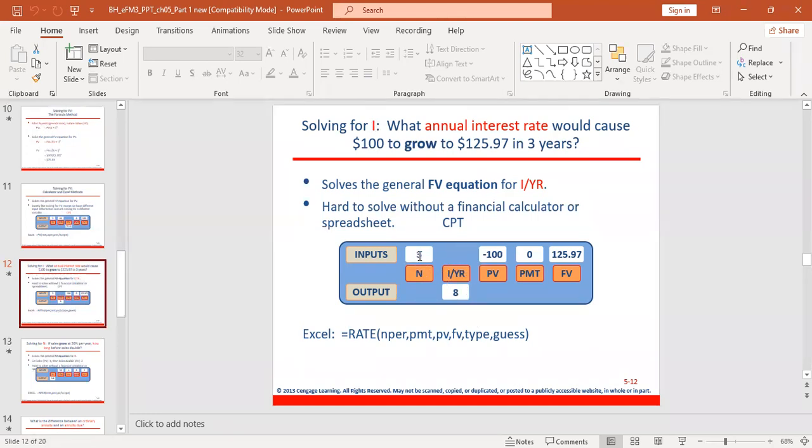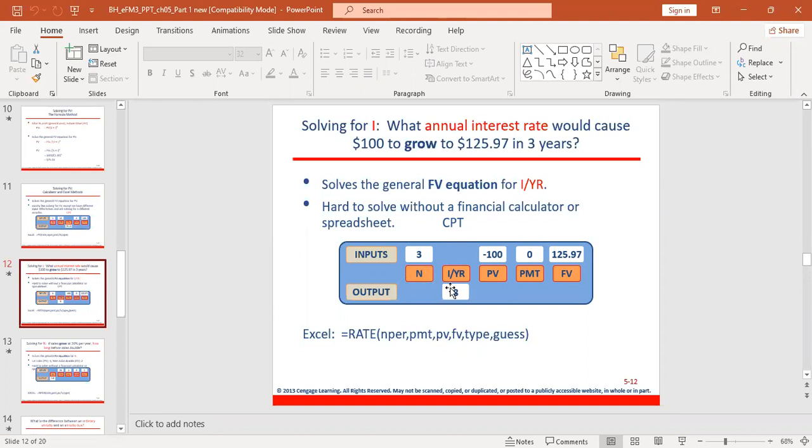You press 3, you press N. You press 100, then you press plus minus sign, then you press PV. Then you press 125.97, then you press FV. Then you come here, you press CPT, compute, then you press interest per year, and you get 8.